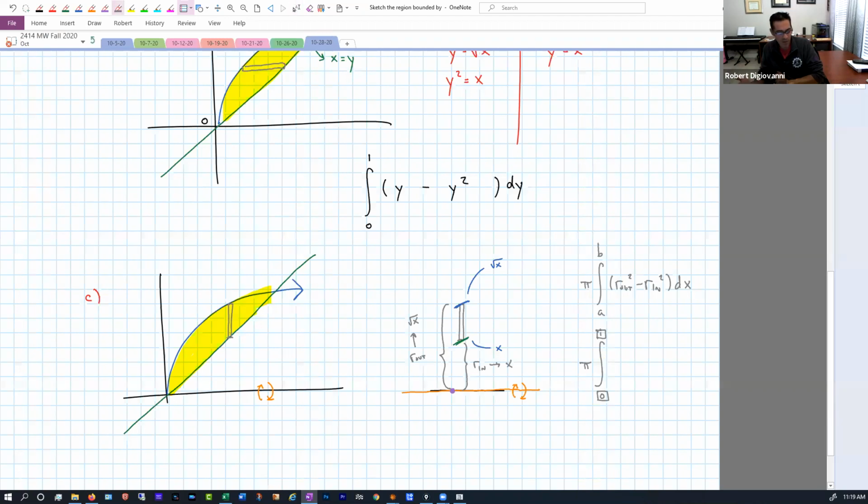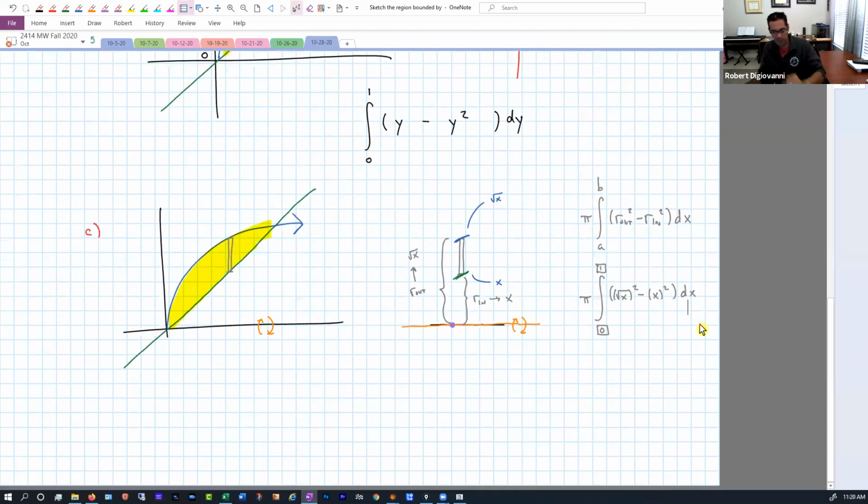And then the outer radius, which is the square root of x, but I have to square that, minus the inner radius, which is just x, but I have to square that, and then dx, which turns out to be pi integral 0 to 1. When we square the square root of x, we get x, and when we square x, we get x squared dx.